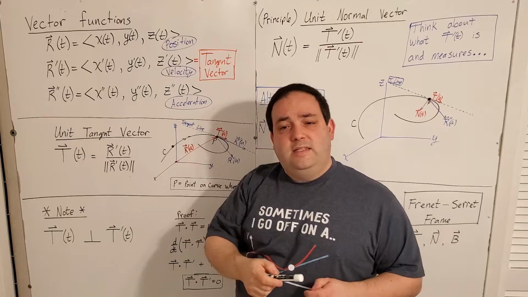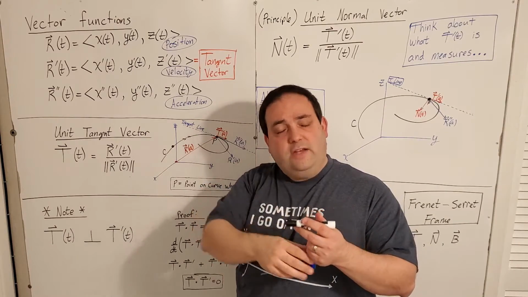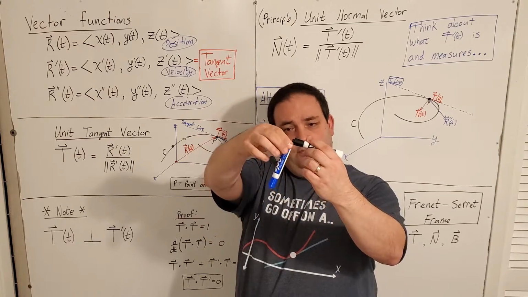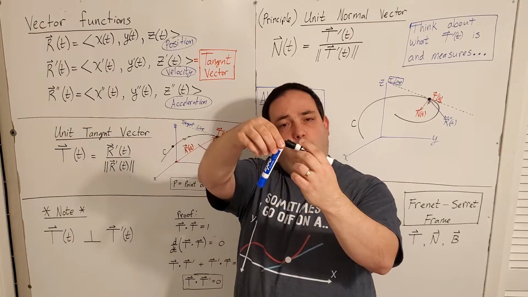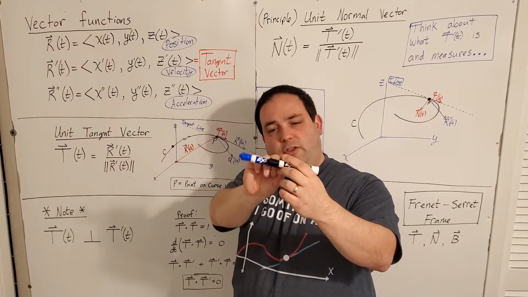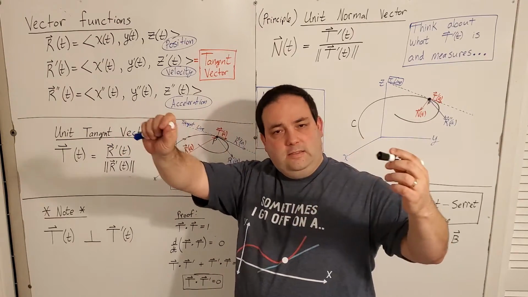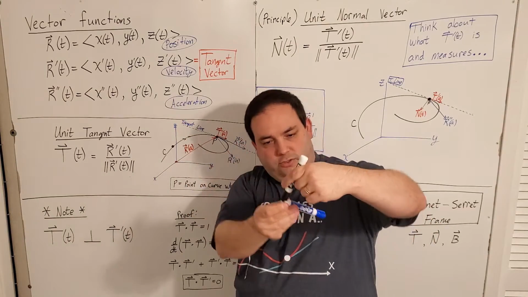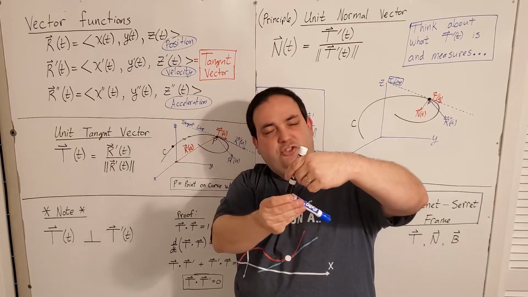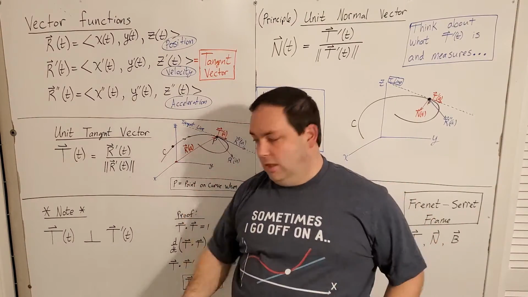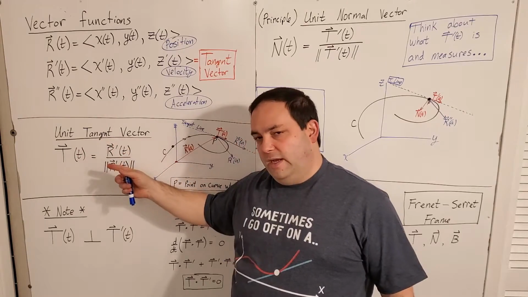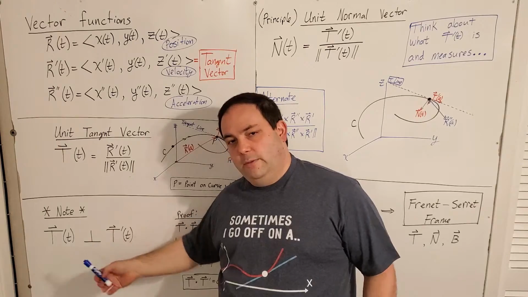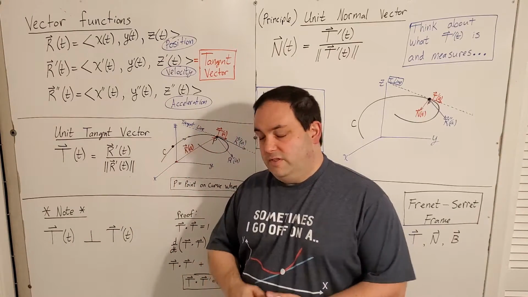Well, that means that if there is any vector that represents the tangent to the tangent, it's going to have to be perpendicular, because if it's at any other angle, it would change the size of the vector. So it makes sense that they would have to be at a right angle to each other in order to do a perfect turn with no change in the length of the unit tangent vector, okay? So the idea that its own derivative is perpendicular to it makes sense.